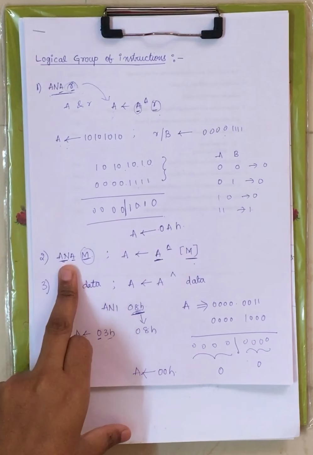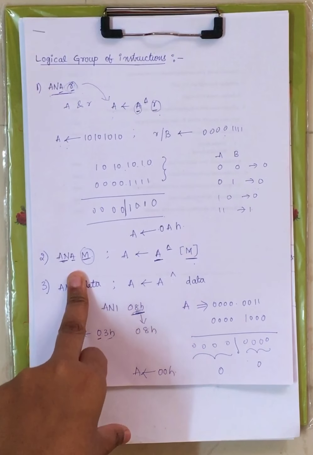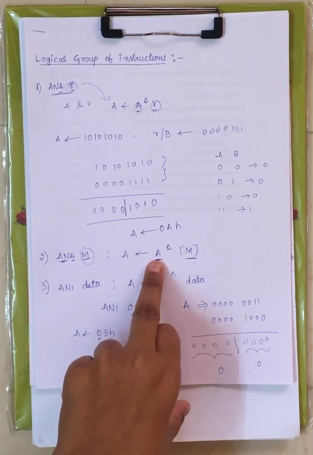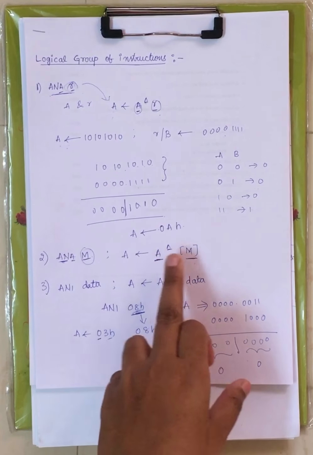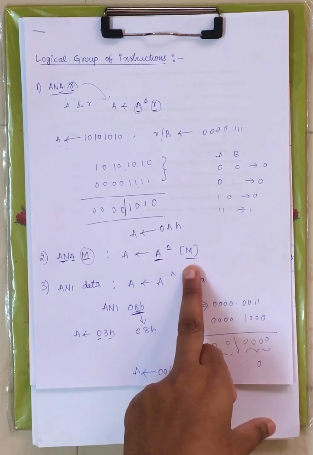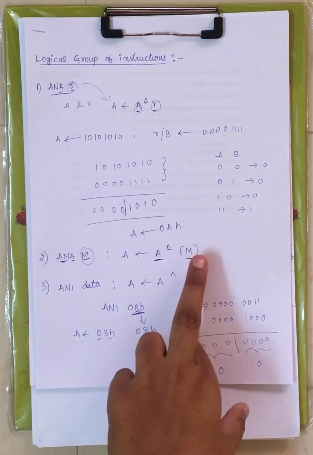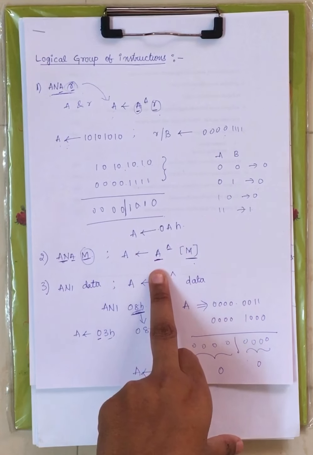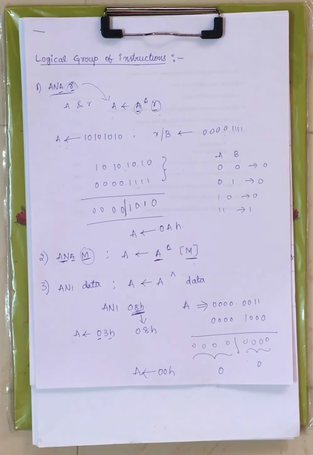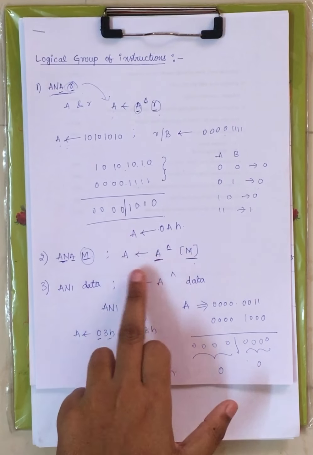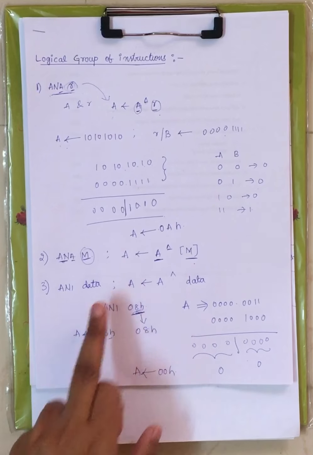Coming to ANA M, it performs the logical AND operation between the contents of the accumulator and the contents of the memory location. The memory location will store some data. On that data and the data stored in the accumulator, we perform the logical AND operation. You know the truth table. The result is stored in the accumulator itself.